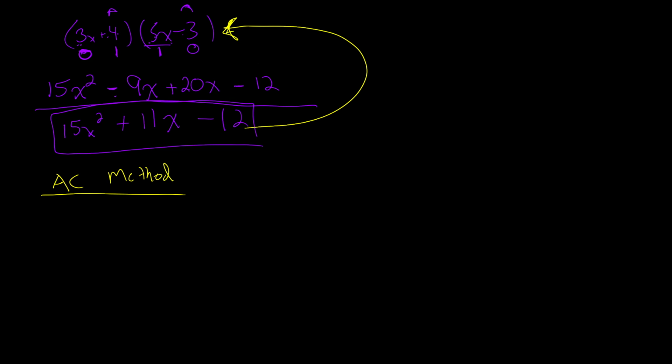Now there's a couple things to notice in here. This sign, if it's negative, means that my binomials have two different signs. So if the sign by this last term is negative, one of my binomials will have a plus sign in the middle, and one will have a negative.